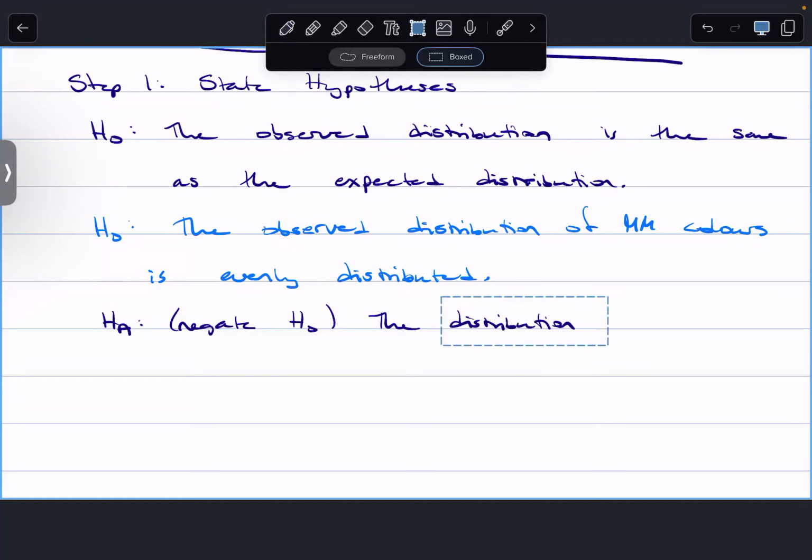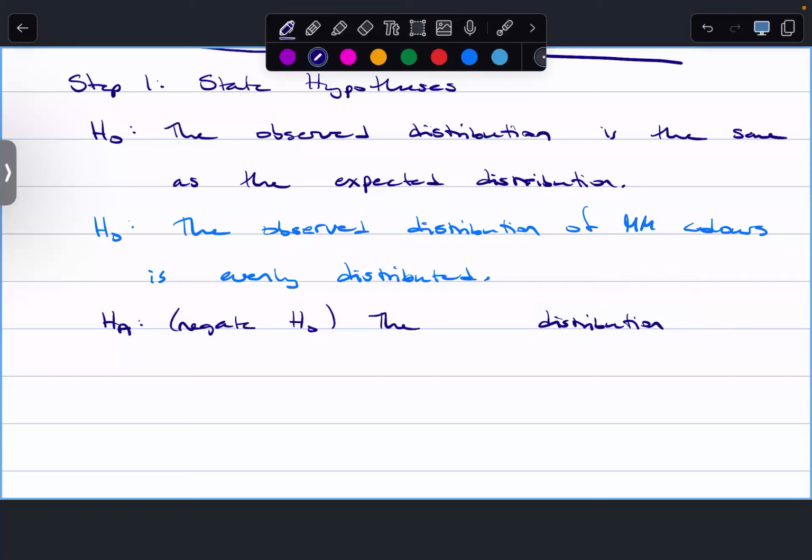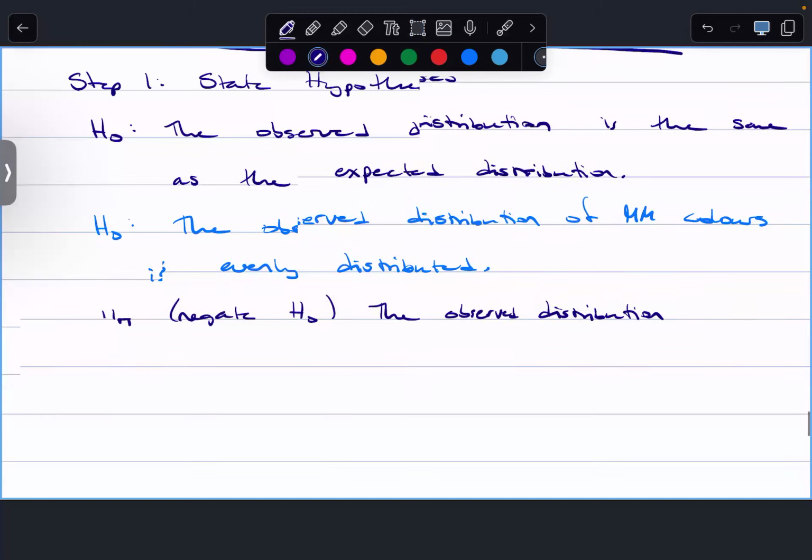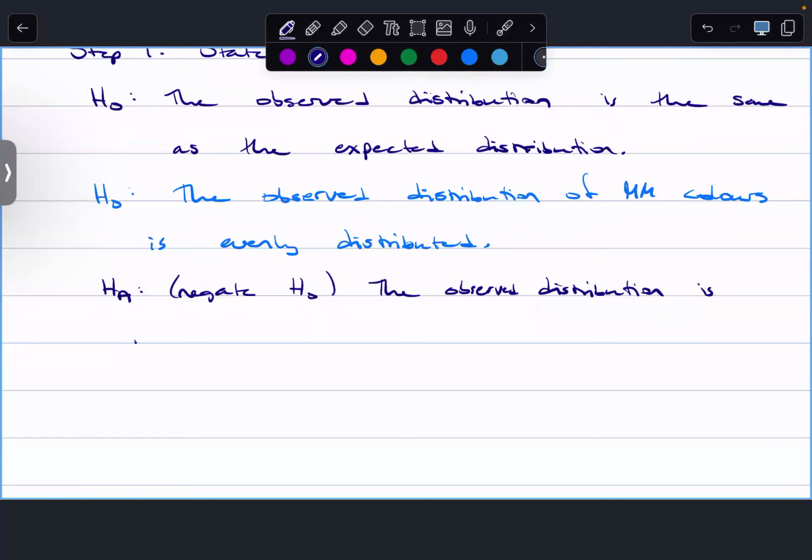The observed distribution is not the same as the expected distribution. Isn't that nice?